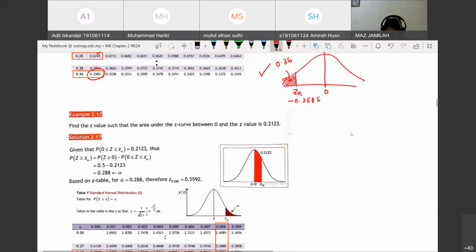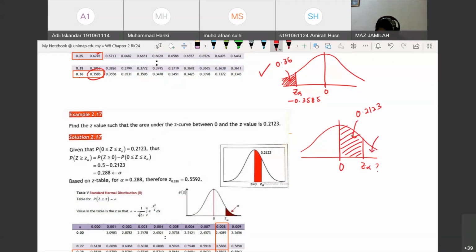If I were to put that in terms of a sketch, I'm talking about 0 until Z. Find the value such that the area, so we are talking about the area here, is given by 0.2123. Since we are looking for Z alpha here, of course we need to be based on the alpha that we have here.